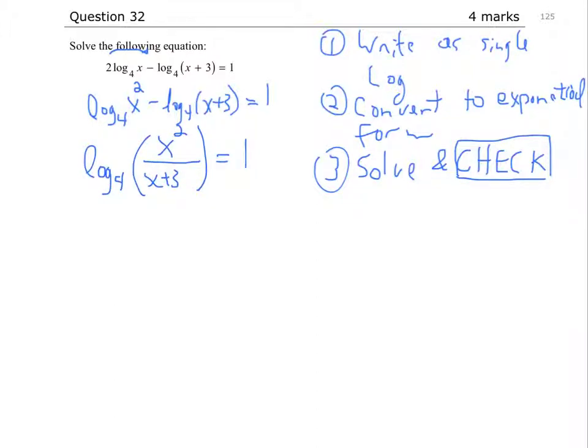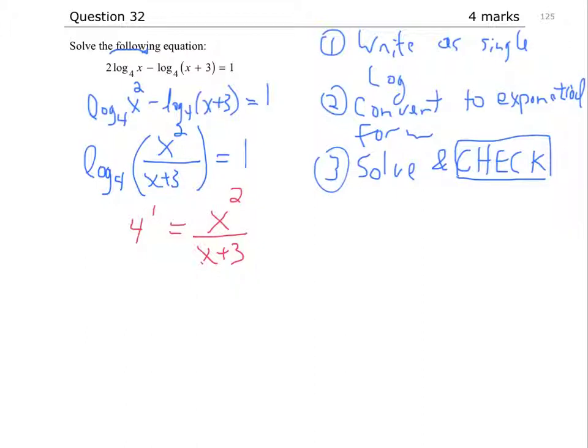So now we have the first step done. We wrote as a single logarithm. Now we're going to convert to an exponential, and this is quite simple when it's in this form, a single log. The base to what's over here equals the inside argument. So 4 to the power of 1 equals the inside argument of x squared over x plus 3.